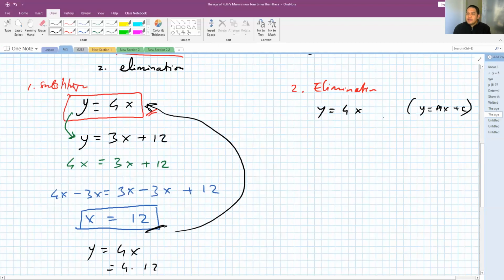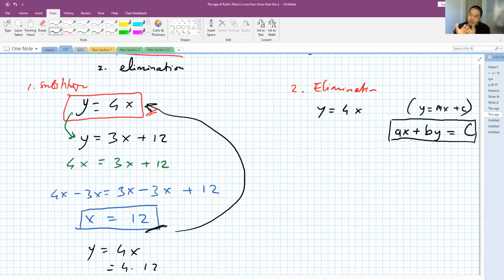When you do the elimination method, actually sometimes it's easier to change the form of the equation into this kind of form: ax plus by equals a constant c. So the idea here is that the variables x and y, we put them on the same side together and then let it equal to something, the constant.